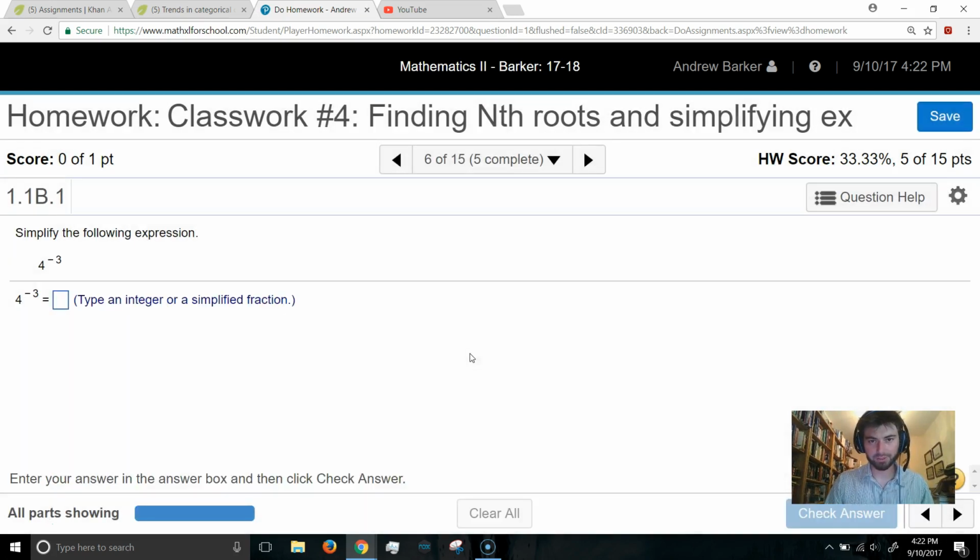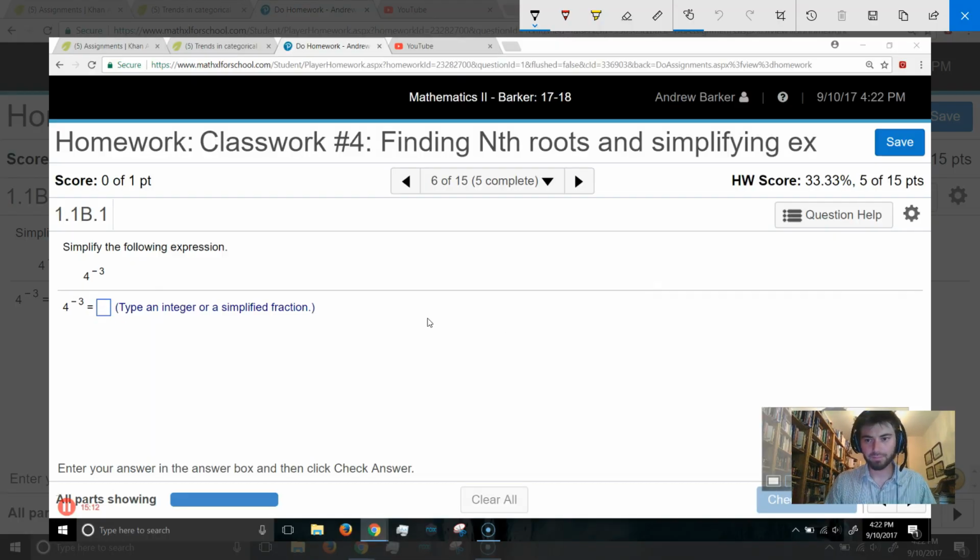All right, next question. So there's 15 to go here. So this one's kind of interesting. This negative exponent, normally, say 4 to the 3rd power, is the same thing as repeated multiplication. So 4 times 4 times 4, which would be 64.